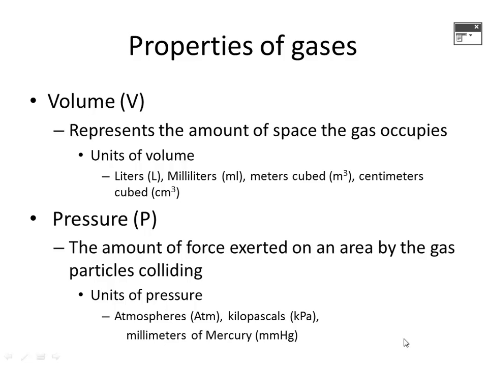The next property of gas we're going to discuss is pressure. Pressure is the amount of force exerted by the particles that collide with each other and their surroundings. Units of pressure that we're going to use in this class are atmospheres, abbreviated ATM, kilopascals, kPa, and millimeters of mercury.